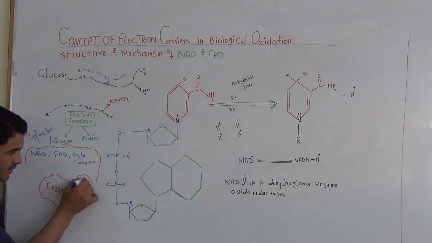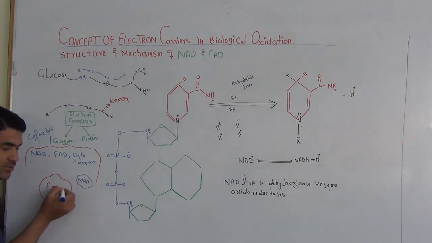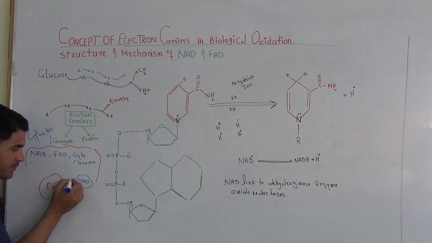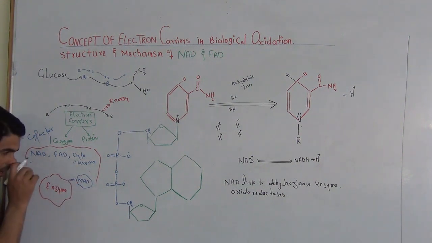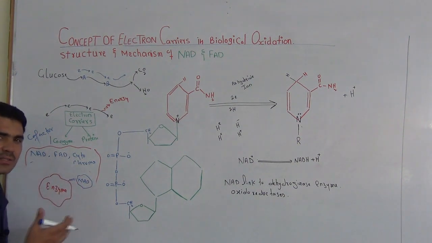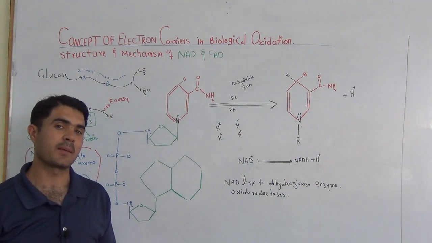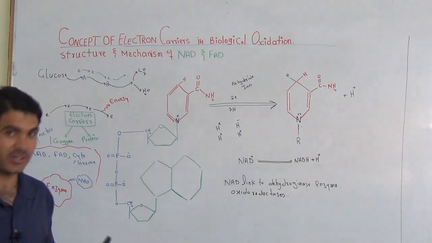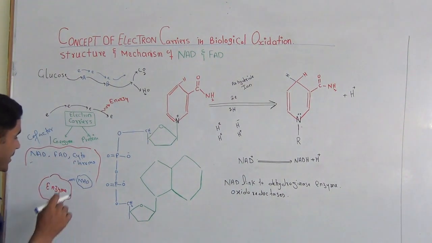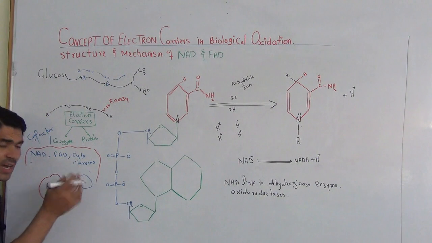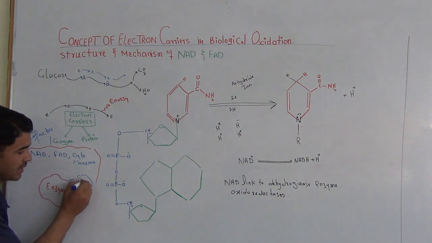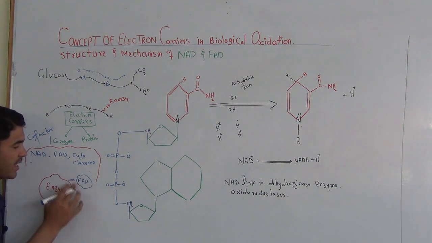NAD here is attached to this enzyme loosely. And such coenzymes which are loosely attached to the enzyme are called coenzymes. And there are some other electron carriers like FAD.